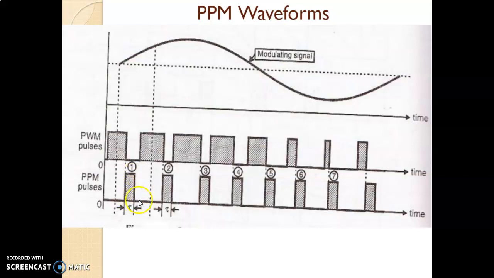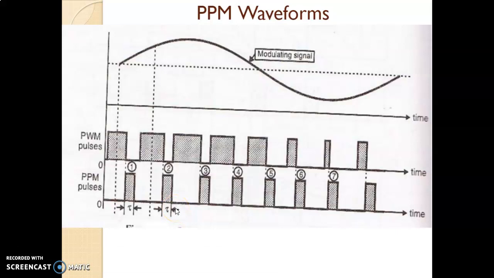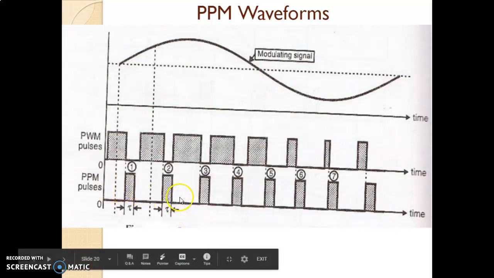Then during the next cycle, another PWM pulse gives a trigger. This time constant tau is of the monostable multivibrator, which we call the quasi-stable state. And that is how the PPM signal is generated from the PWM signal.